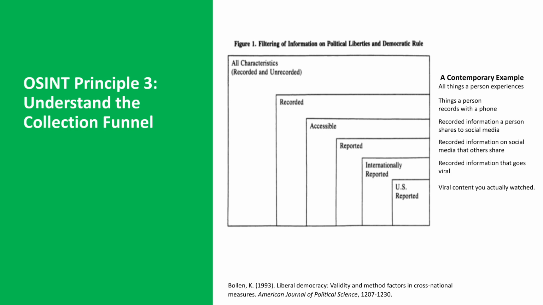And at every stage of this process, that funnel gets narrower and narrower, and you're getting a smaller and smaller chunk that is less and less representative of the larger whole of information.